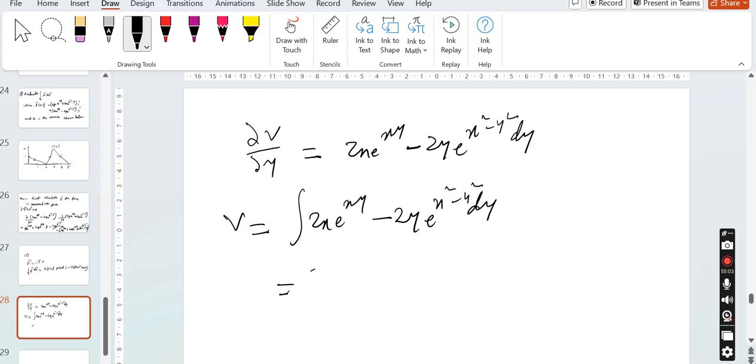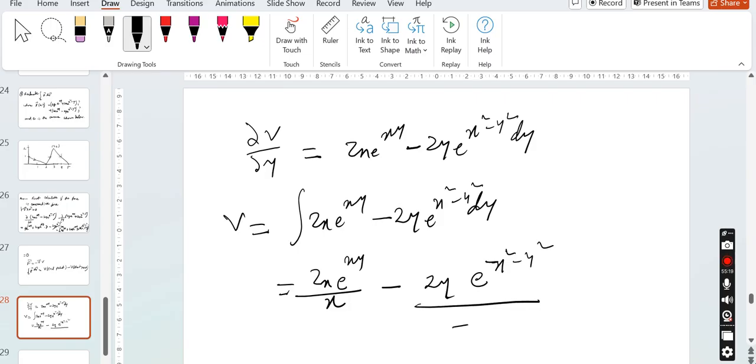So that will be 2x e to the power xy by x minus y e to the power x square minus y square by y minus 2y plus c.